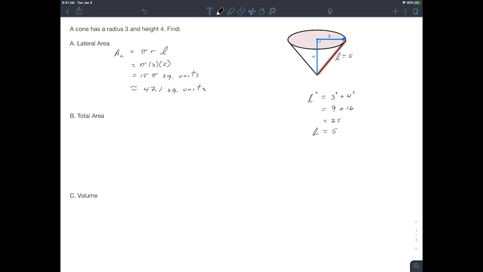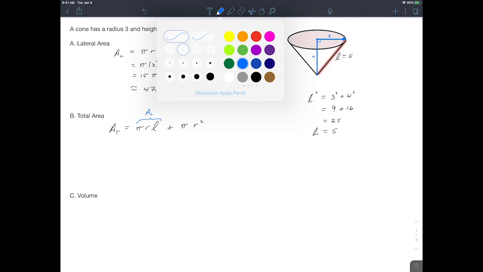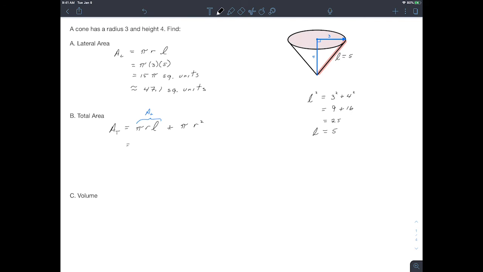All right, the total area of our cone. Formula is pi times the radius times our slant height plus pi r squared, radius squared. And again, just like in our problem with the cylinder, this portion of the total area formula is the lateral area. So we've already done the work. We know that the lateral area is 15 pi.